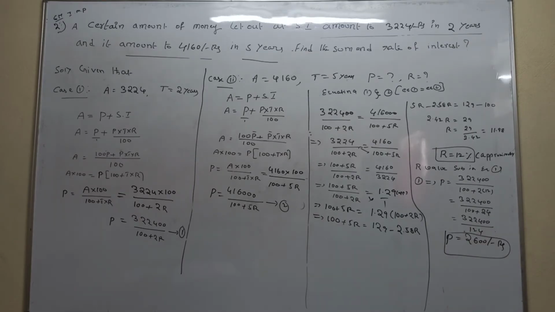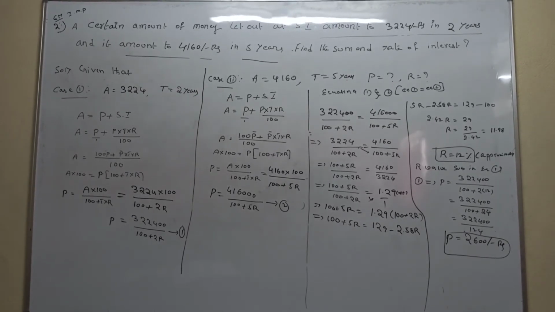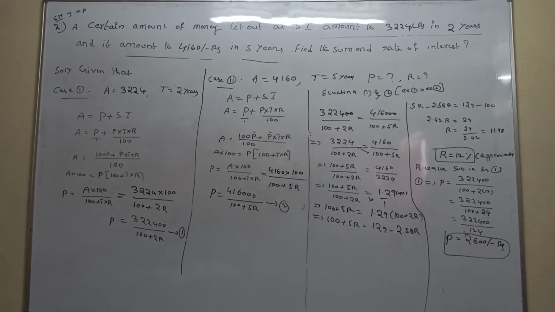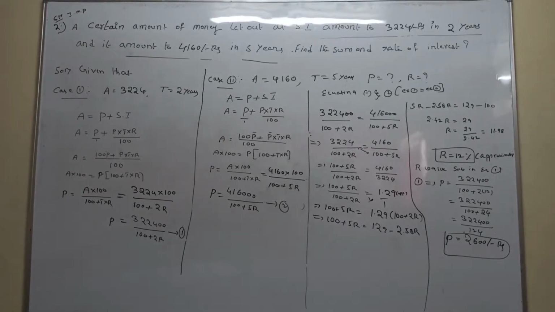Substitute that R value in either equation and we get the principal value, capital P is equal to 2,600. This is the required solution. Everyone understood how to find the value of R. Next we are going to the last question in this topic.